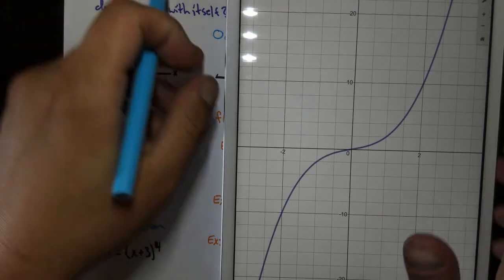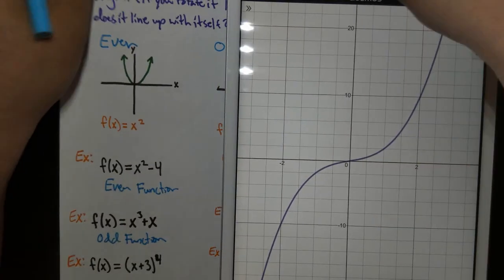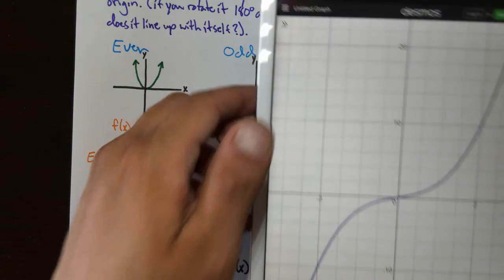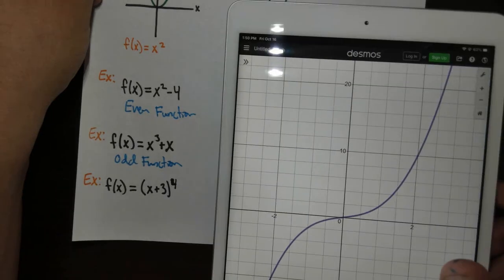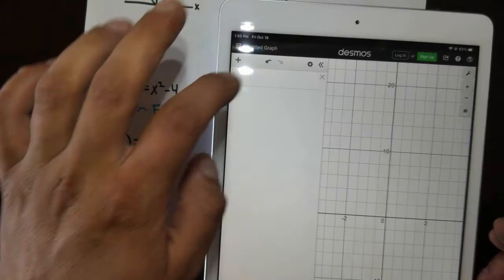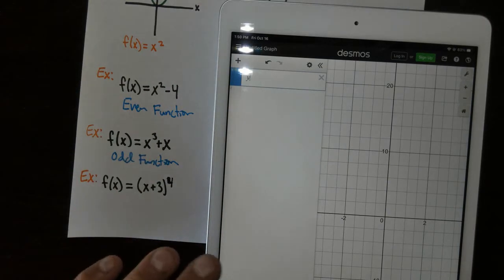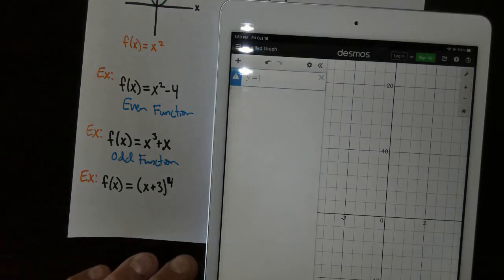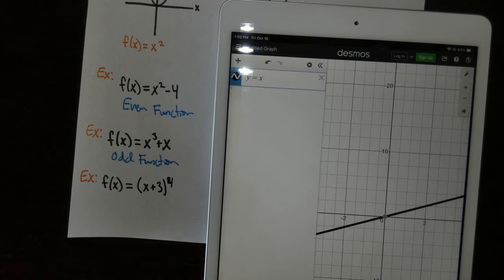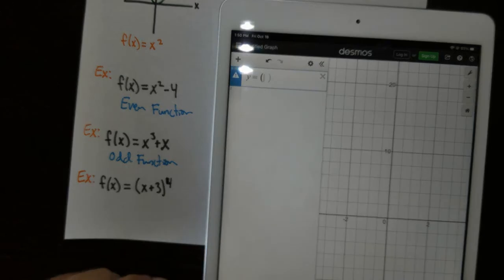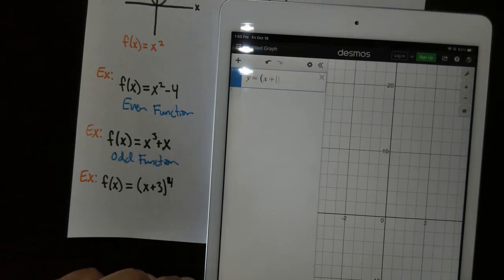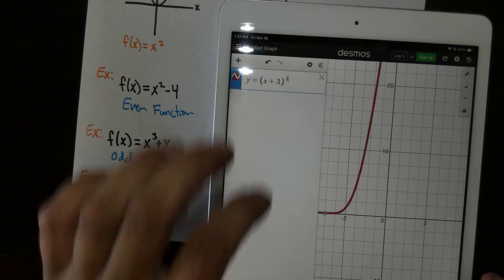Let's next take a look at this one here on the bottom. This x plus 3 to the 4th power. Oh, I forgot my parentheses here. Let's see. y equals (x plus 3) to the 4th power.